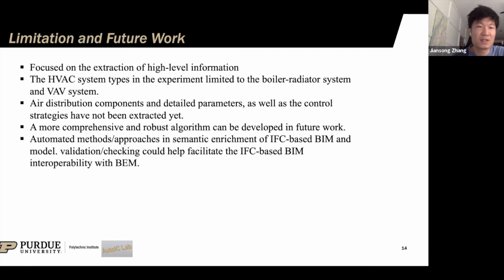Also, air distribution components and detailed parameters, as well as control strategies, have not been extracted yet, and a more comprehensive and robust algorithm can be developed in future work. Finally, automated methods implementing enrichment of IFC-based BIM models and validation checking could help facilitate IFC-based BIM interoperability with building energy models.